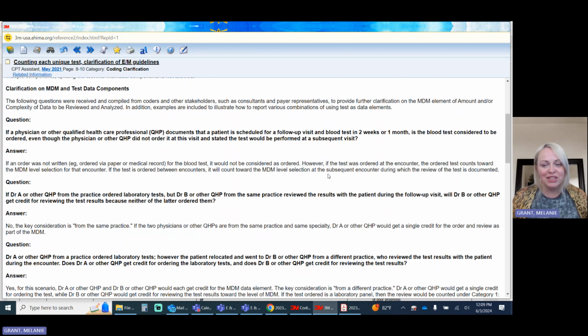So some of the questions they receive are things like providers in the same clinic ordering a test, and then another provider of the same clinic reviewing said test. Now, in this particular instance, they do consider a provider from the same clinic to be part of the same clinic.